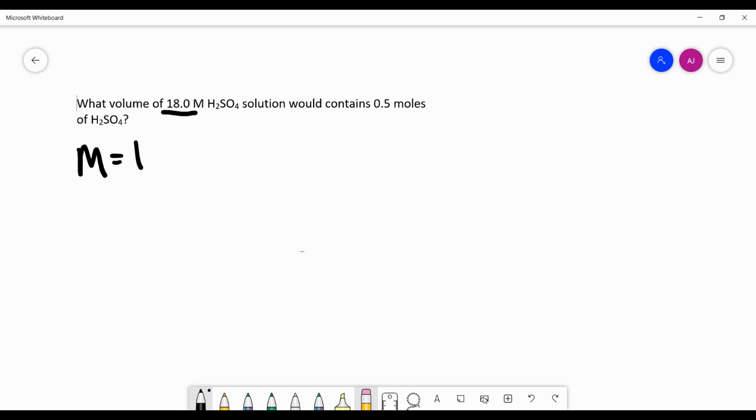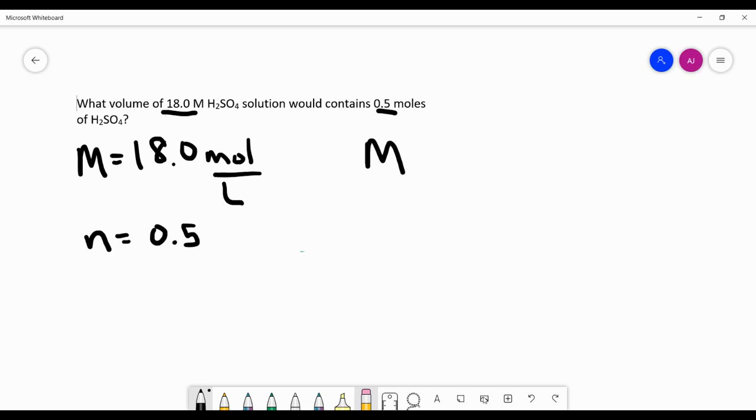Molarity is equal to 18.0 moles per liter. And I'm asking how much of that solution, what volume, would contain 0.5 moles. So I'm given my moles. So what we need is an equation which relates moles, concentration, and volume. So that's going to be the equation molarity is equal to moles divided by volume. Should include my units here.